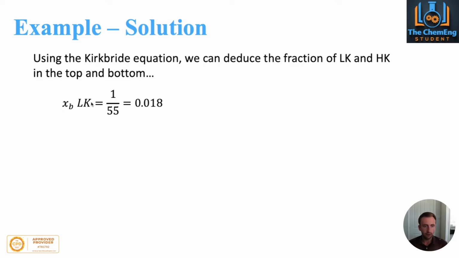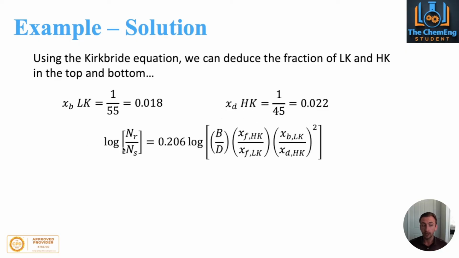But here what we have is our fractions for our light and heavy keys in the bottom and the top products respectively. Now here, the 55 and the 45, these are the flow rates that you would have seen at the beginning of the question. And then we just need to bring in the equation that we've seen before.